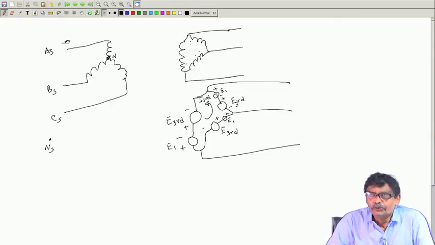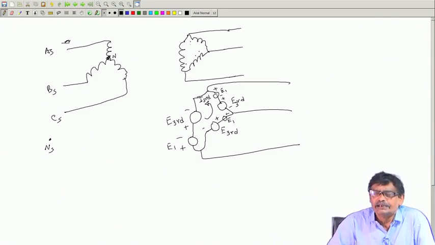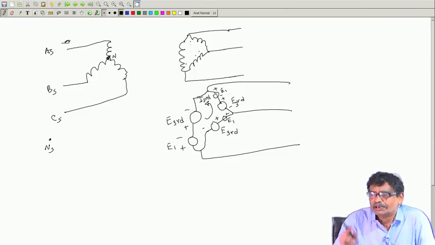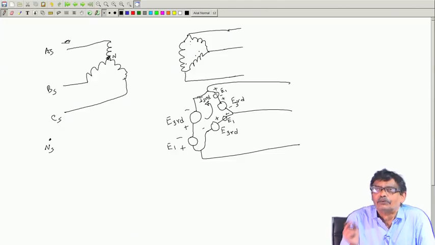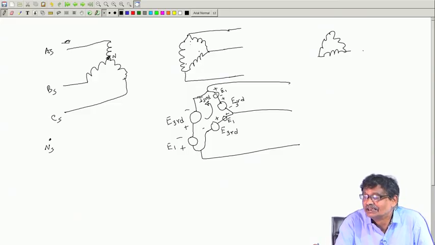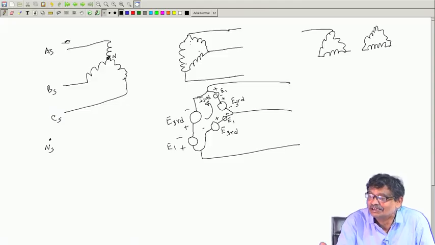Therefore, it looks like whenever you connect a transformer, you want to decide whether star delta, delta star. In delta delta also there is no problem, because the third harmonic current can circulate. See, if the connection is delta delta, this is delta, this is delta, you please think about it qualitatively.